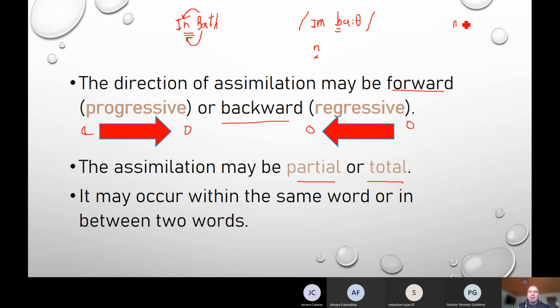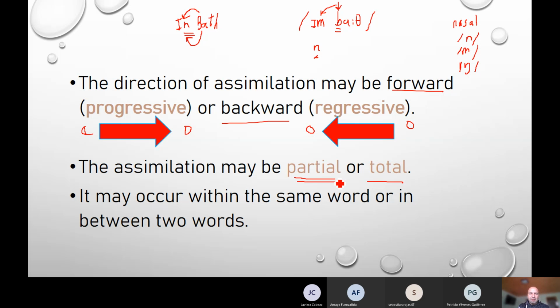If you remember, the only nasal sounds that we are familiar with are "n" as in nine, "m" as in mother, and the last sound of sing or song. So the only characteristic from "b" that was passed on to the previous sound was the characteristic of being bilabial. So this is a partial assimilation.